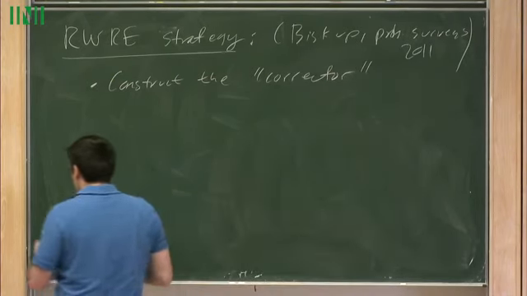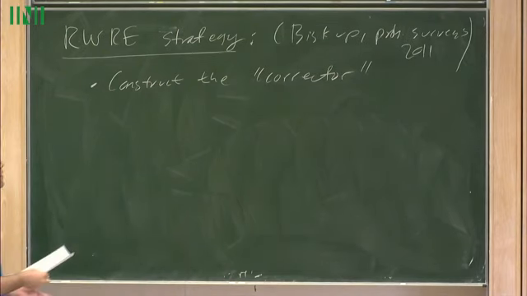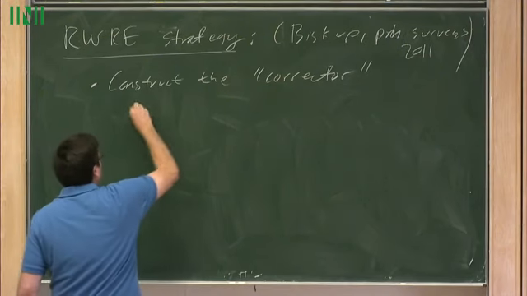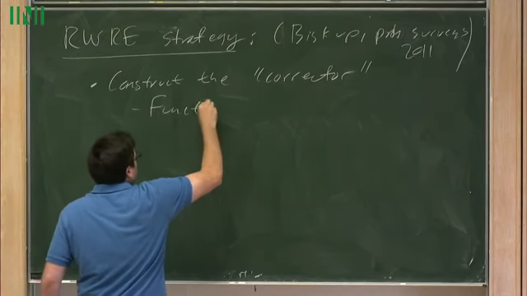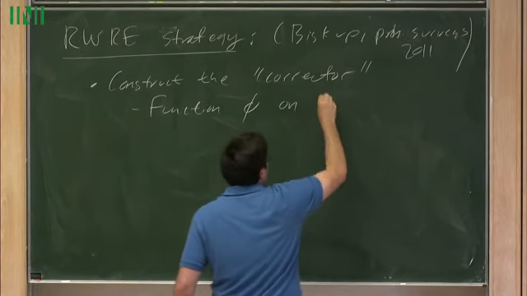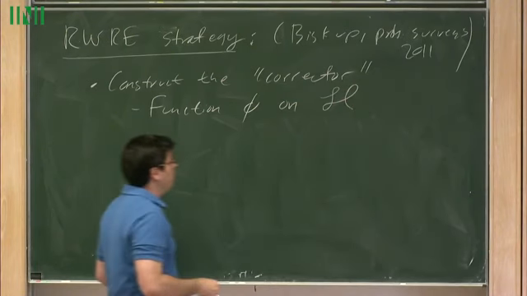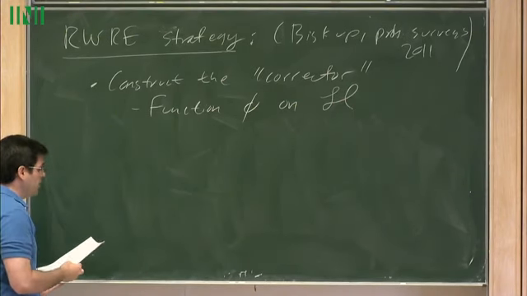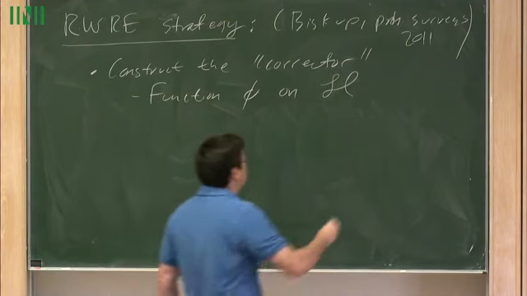And what is the corrector? This is going to be a function phi on, in this case, our graph or our cell configuration. And this is going to be something which is discrete harmonic.